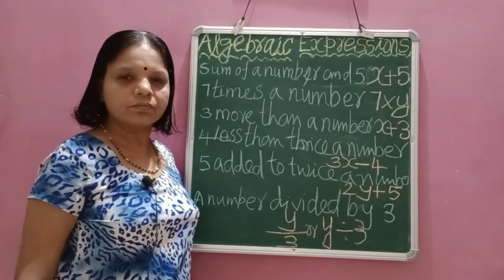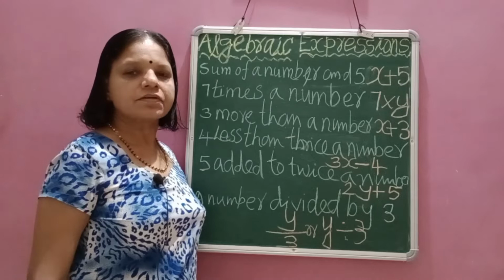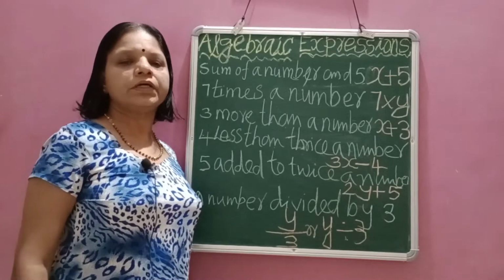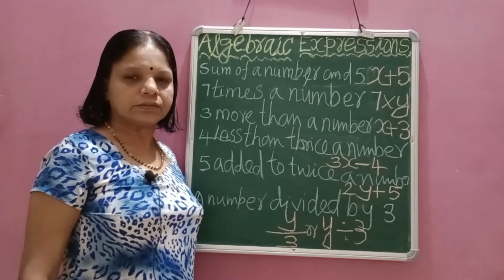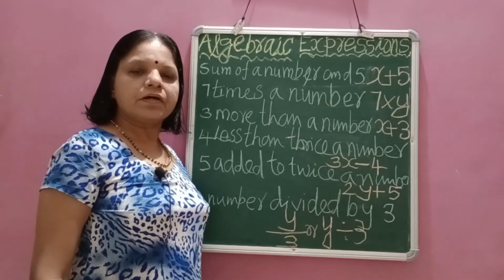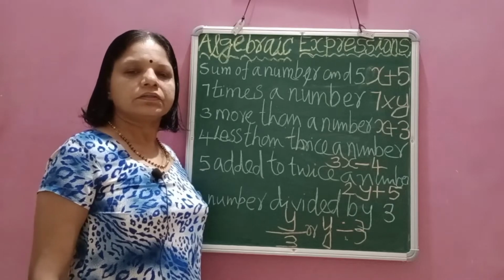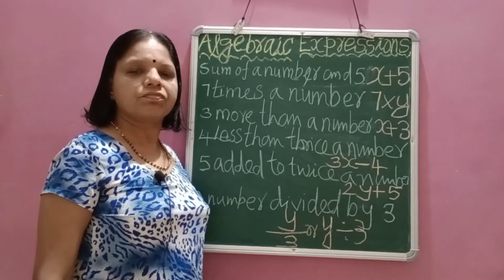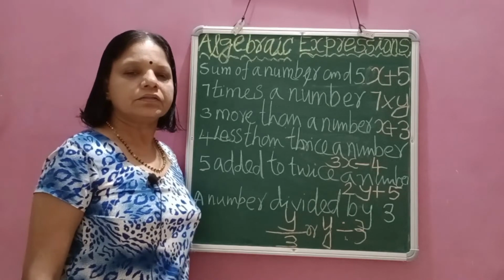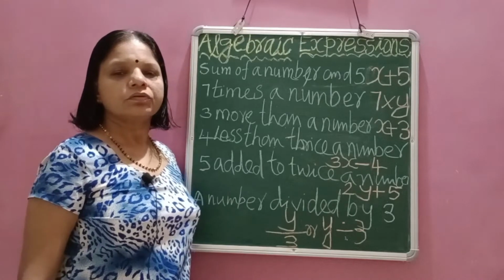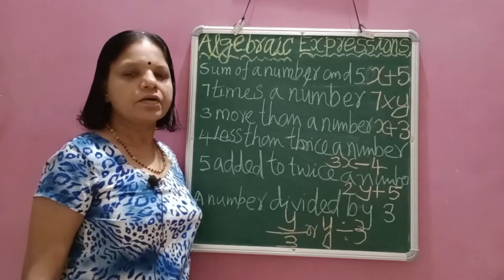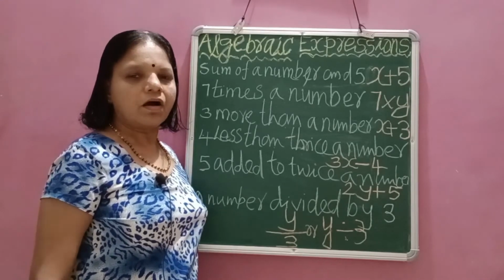And you already know that geometry is the study of measurements of various objects around us, whereas algebra is the study of numerals and also unknown variables, unknown numbers.